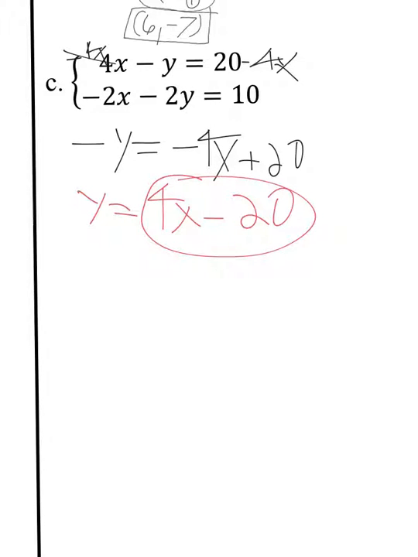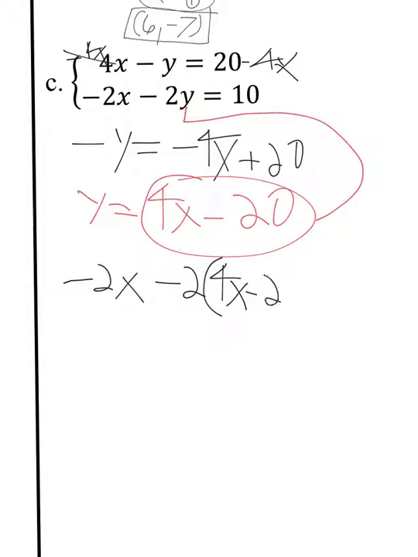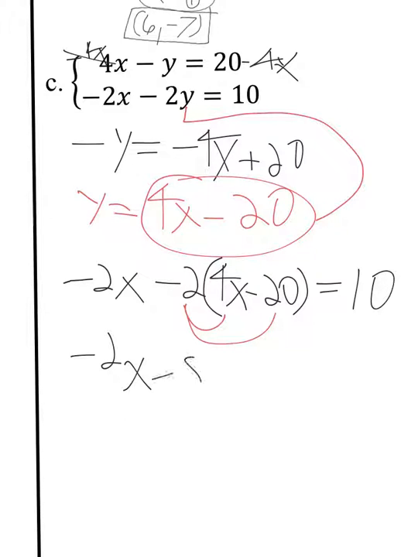Now I can take that and I'm substituting it in for y this time. So I'm going to write negative 2x minus 2 times 4x minus 20. That's where that y would go, equals 10. So let's distribute. Negative 2x minus 8x looks like plus 40 now, equals 10.